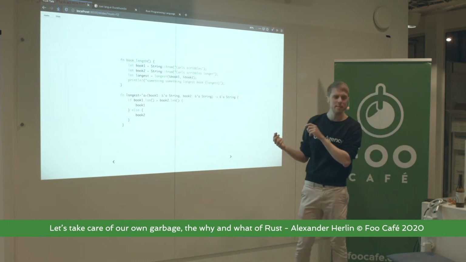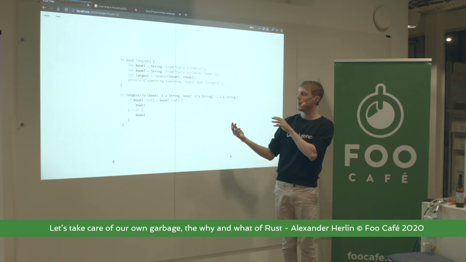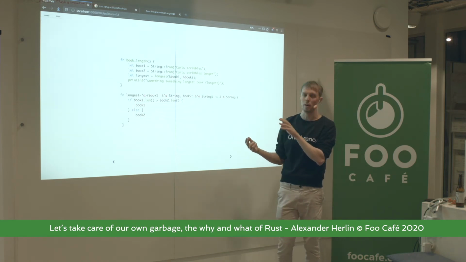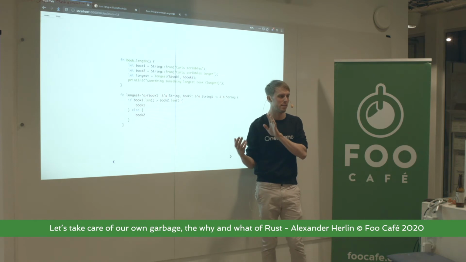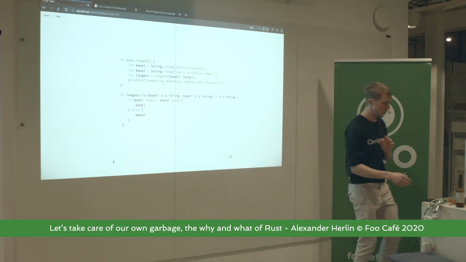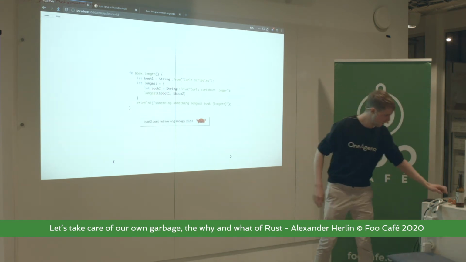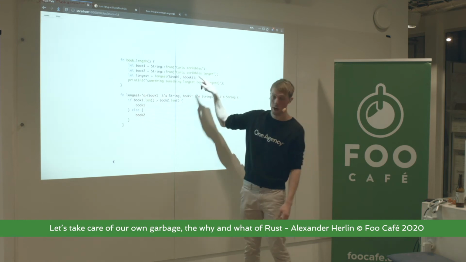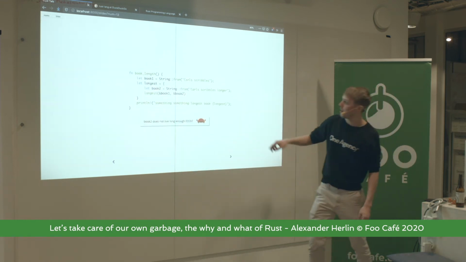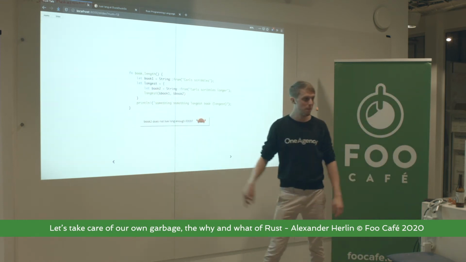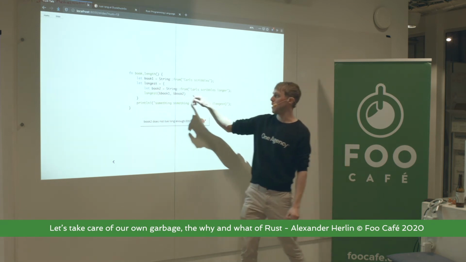I'm still having a hard time to actually grasp everything here, but it's really good because you have this compiler that tells you in every case where things don't go right. This function would work here, but not here, because, exactly, they are not in the same scope.